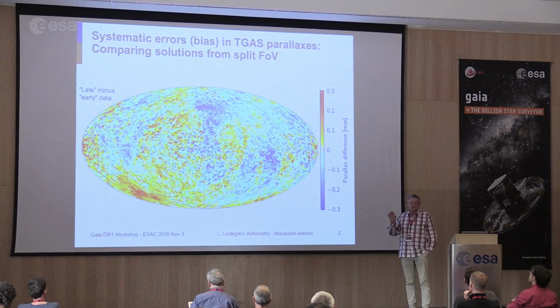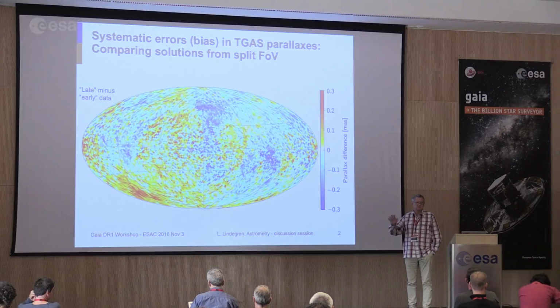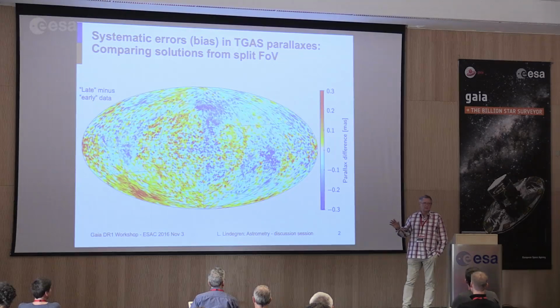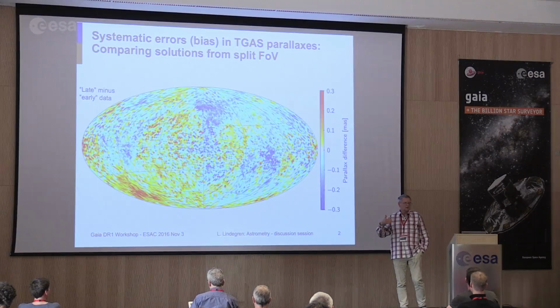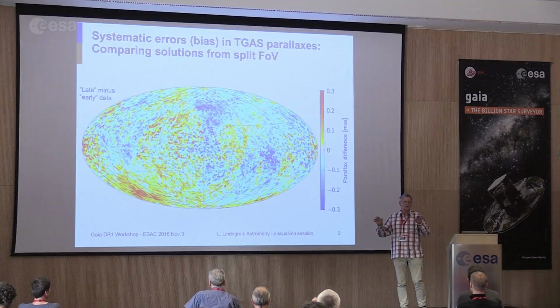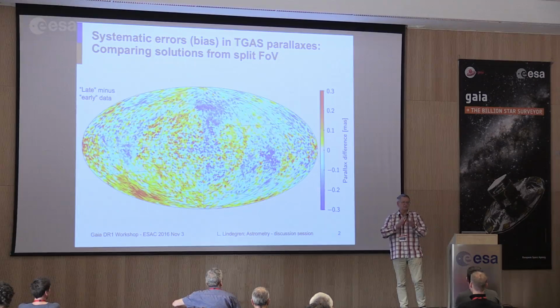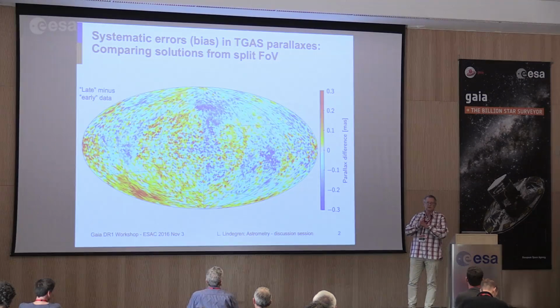And these different linear combinations are different in different parts of the sky, depending on the scanning law and the time distribution of the scans and their directions. So if you go to just 30 degrees away from the point, you have a different set of scans at different times. And the linear combination of the observations that make up the parallax is something completely different.